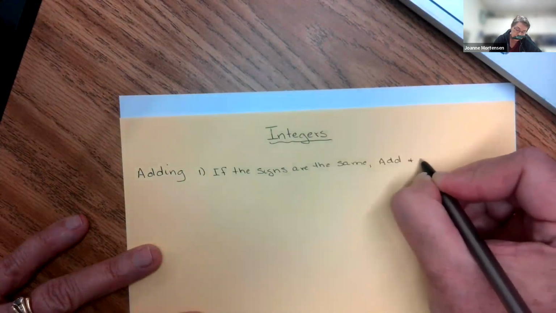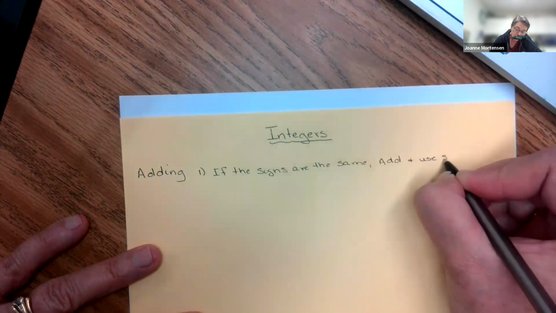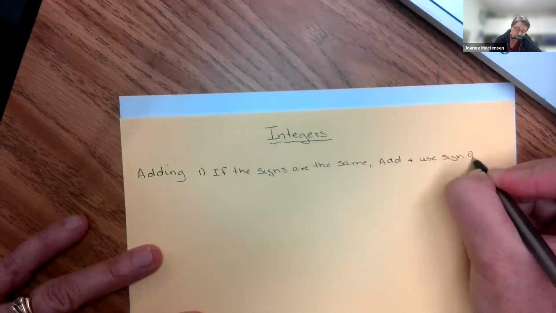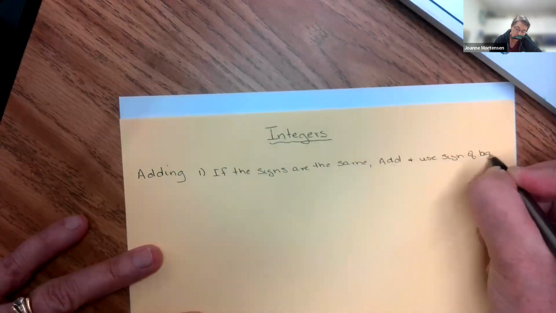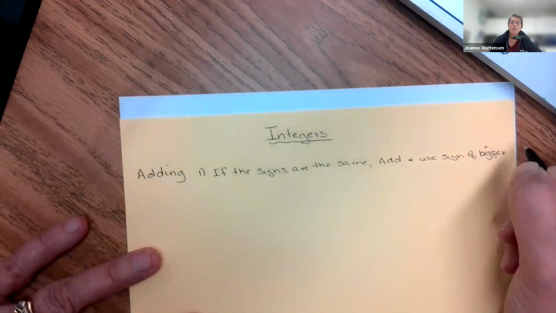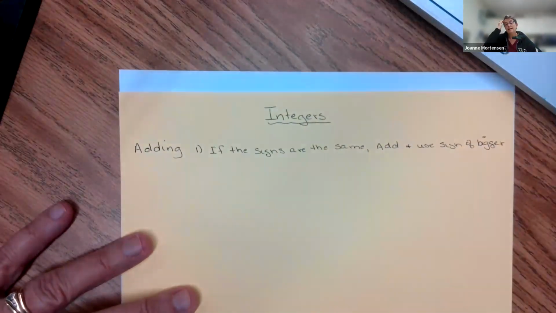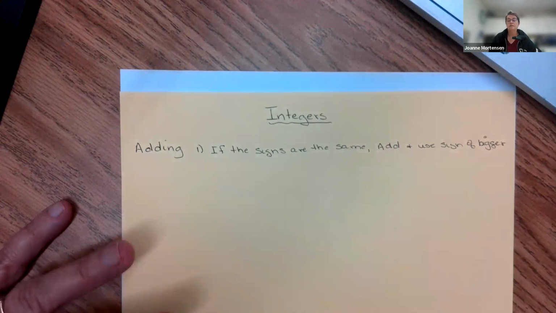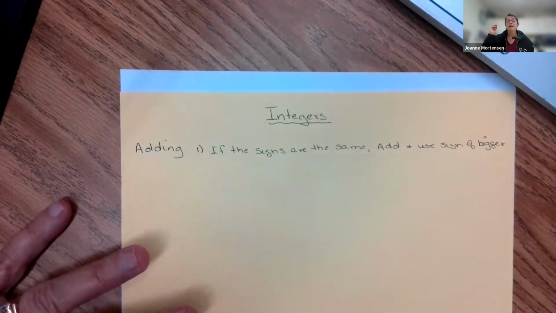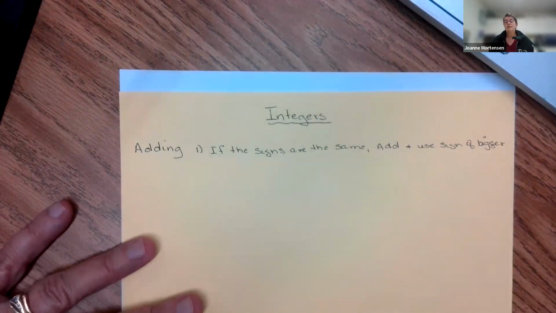Add, and keep the sign, or the bigger one. What is important, I think, is not just writing that out. Well, I mean, that is, but put some examples. Because there's been times where I've written stuff and I have no idea what I'm talking about. And then I look at the examples, oh, that's what that means.